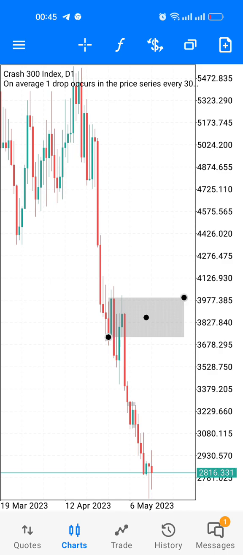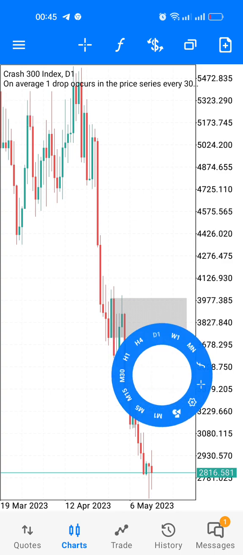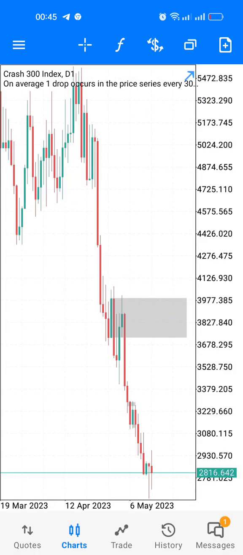Alright. What would we have done? Base sell, zone marked, back into the zone. Okay.